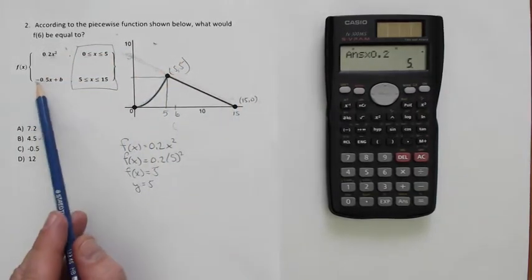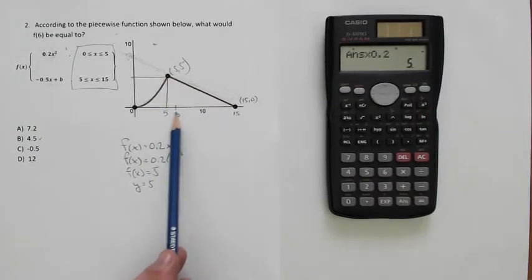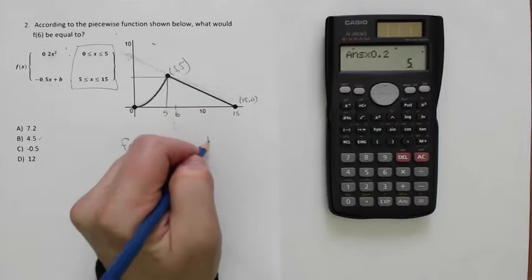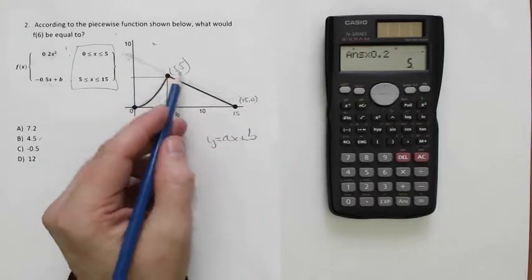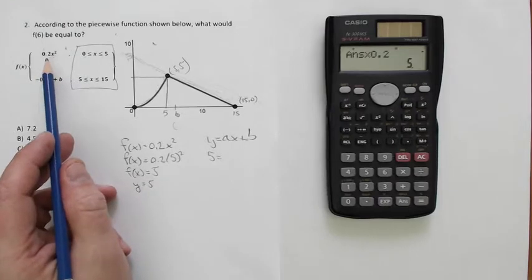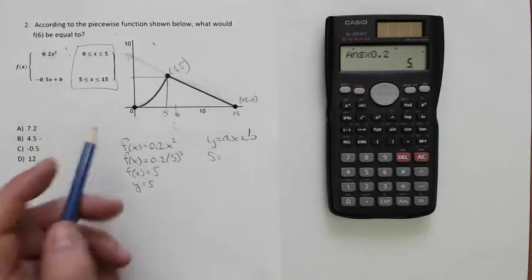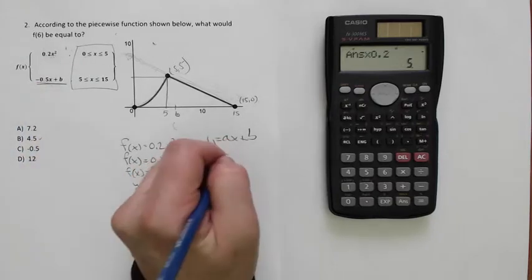And now I've got 2 points. I could get the slope. I already have it. But I can certainly use this to get the b. Once I get the b, I can plug in that 6 and answer the question. So y equals ax plus b, and I know that y, which is 5, is equal to a, which is 0.2. Oh, sorry, negative 0.5. I almost used the wrong function. I'm looking for the line here.